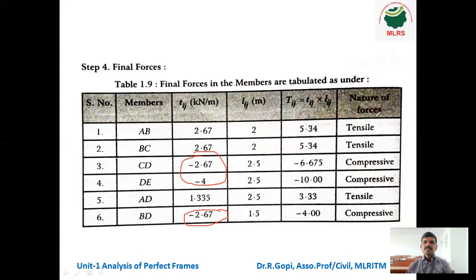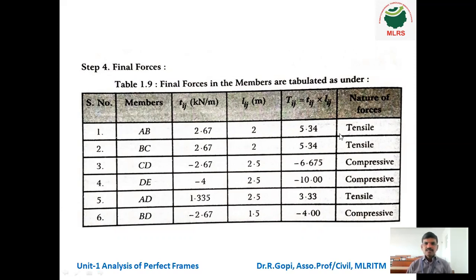If plus, it means tensile force. So you have to write this column, nature of force. If plus means tension and minus means compression. Okay. So this is the simple problem in the tension coefficient method. I hope all of you understand this tension coefficient method.